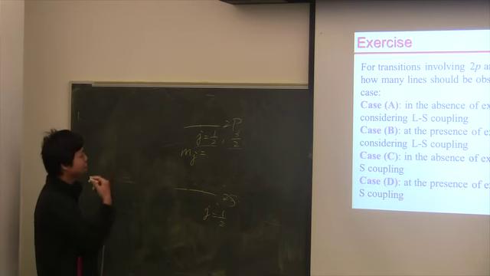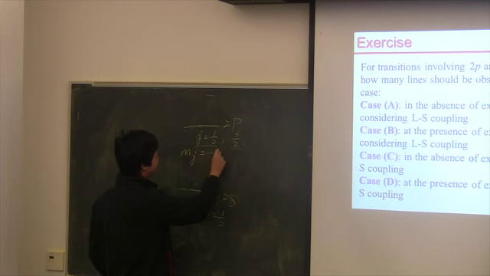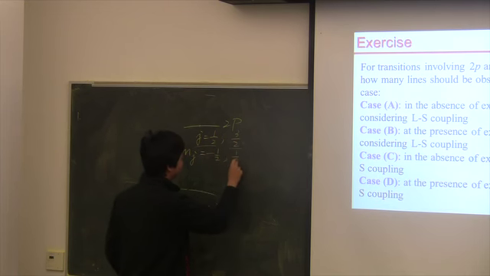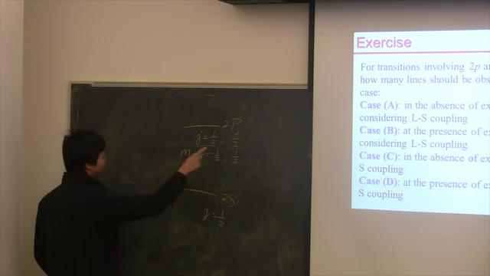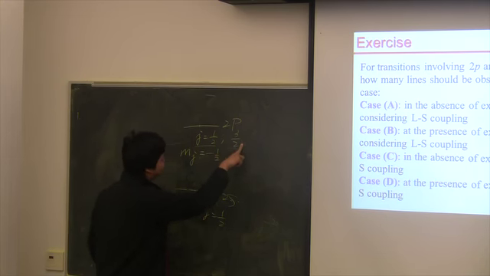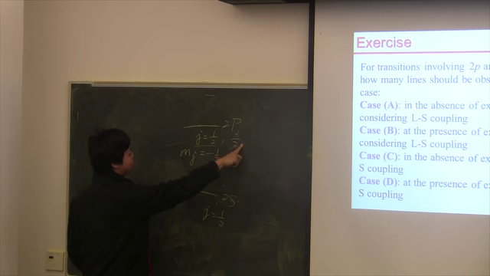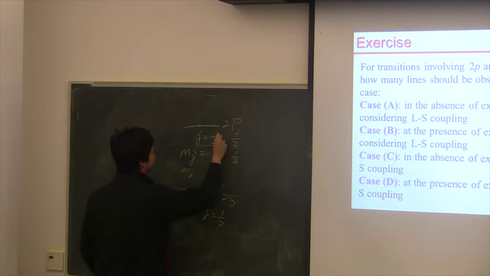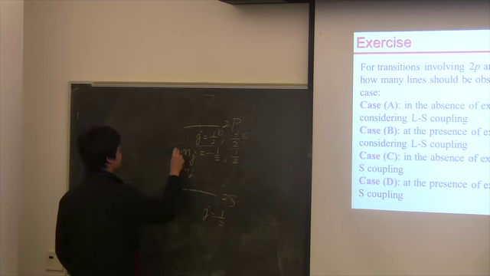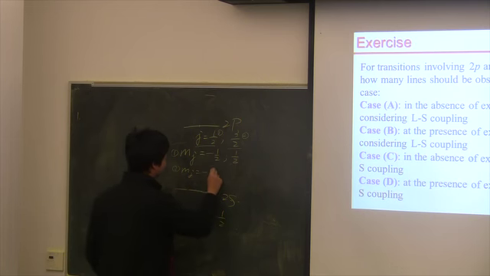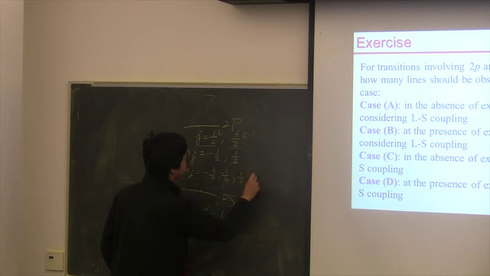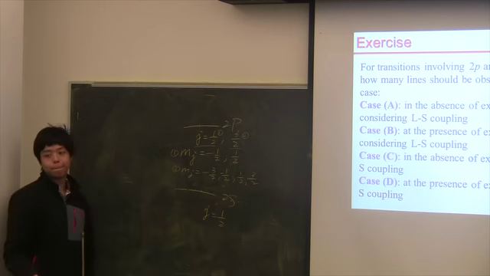So we have actually two sets, labeled as 1 and labeled as 2, so this is 1, this is 2.